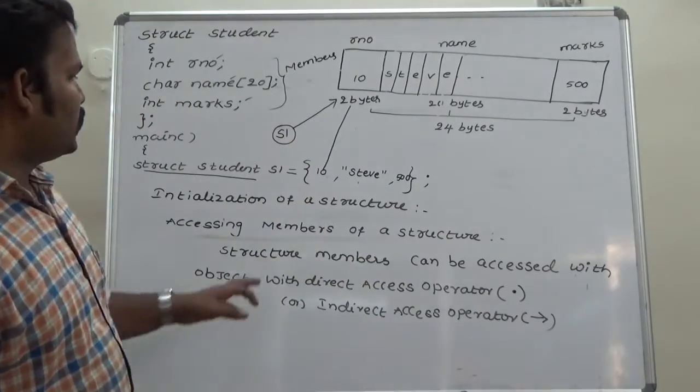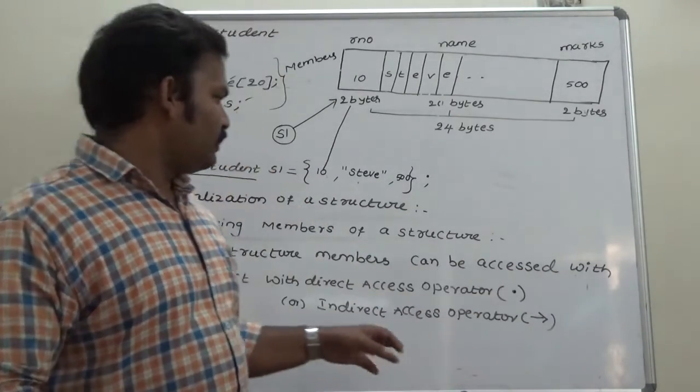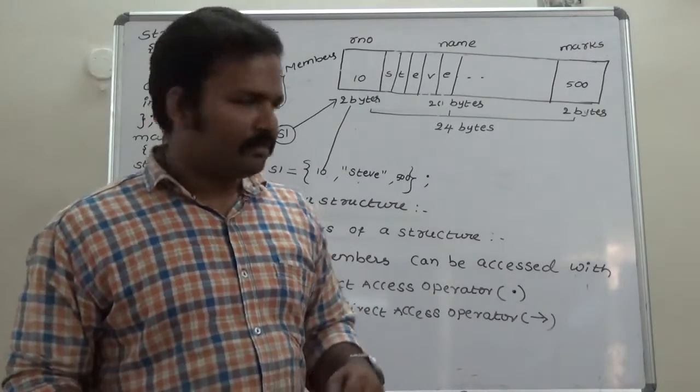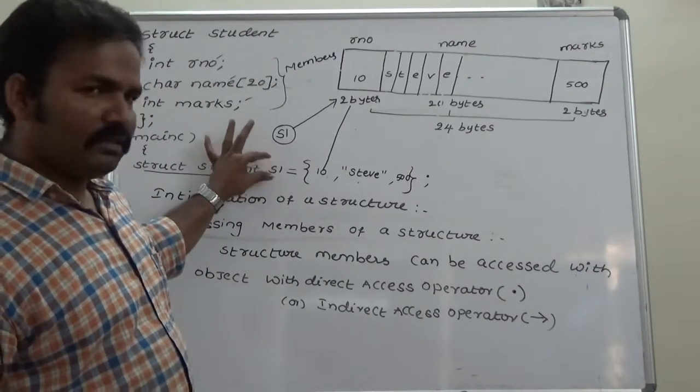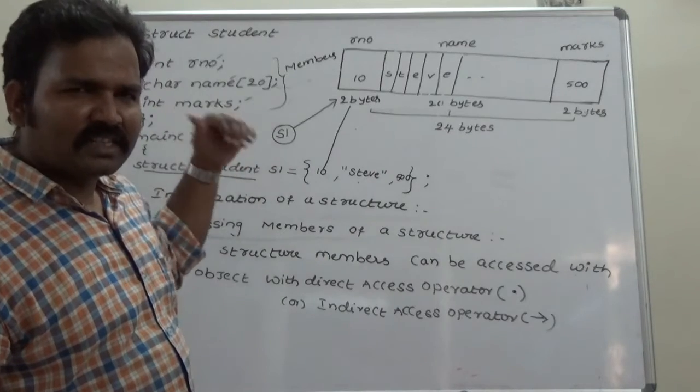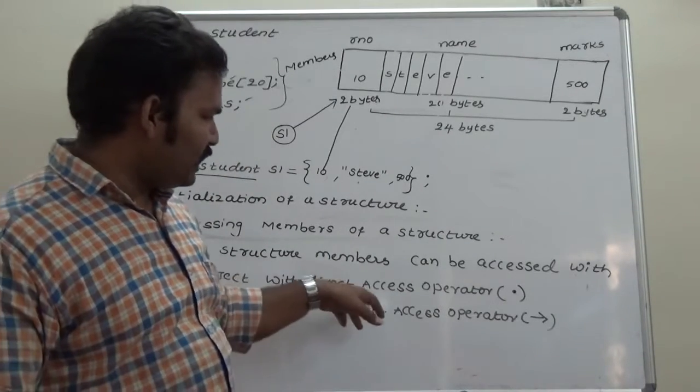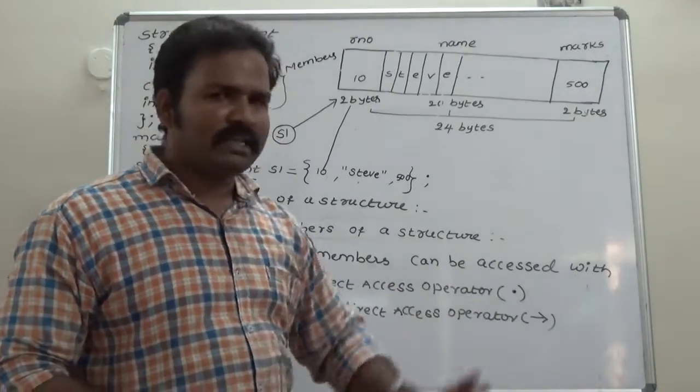We can't access structure members directly. With the help of the object only can we access structure members, using the direct access operator or the indirect access operator.